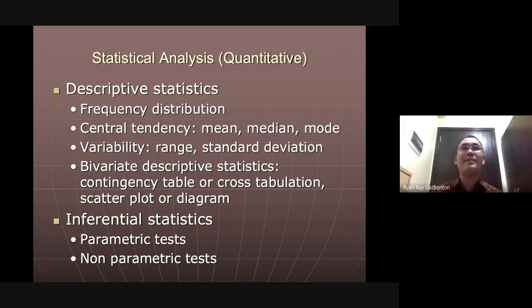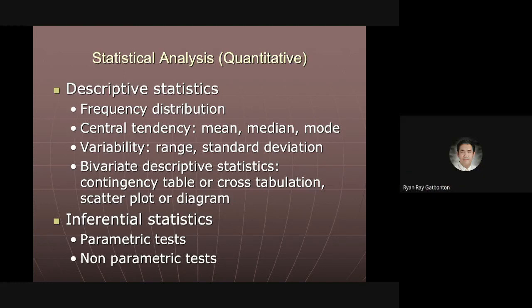Okay? So it means there's a chance that something went wrong in collecting your data. There's a chance that you did not make the characteristics of your respondents uniform. Maybe that's the case. Okay? So your standard deviation is a measurement of how your data is dispersed from the mean, from the center.